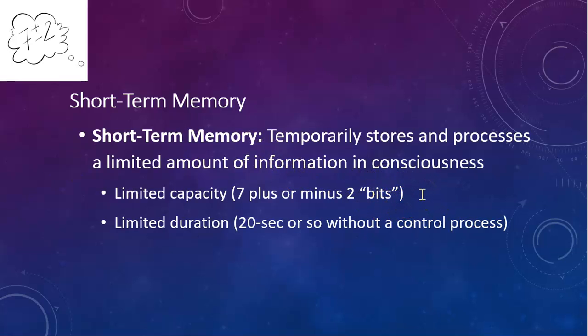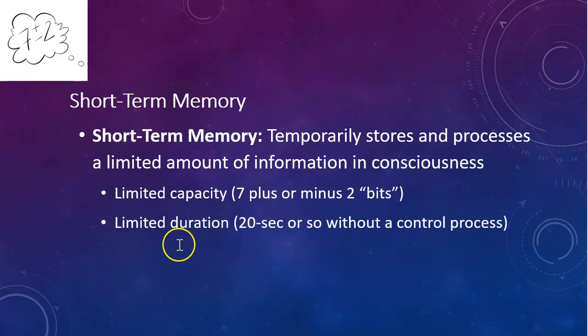And then when you start a conversation, you're going to learn more different bits about them. And eventually, you're not going to have room in your short-term memory for other bits. So the first bit that you learned might disappear. That's why you might forget their name, because you're gathering so much information at once that you can't remember everything.